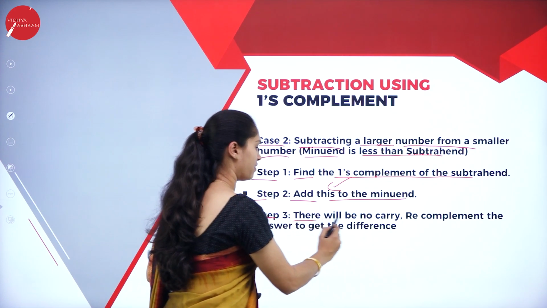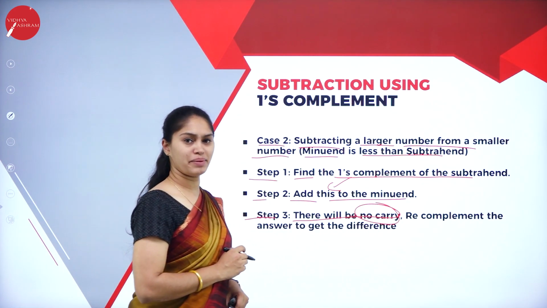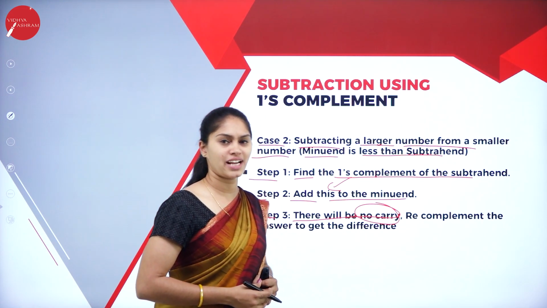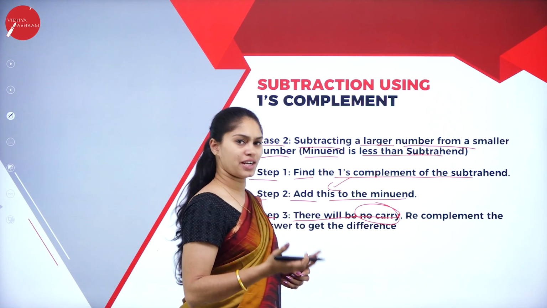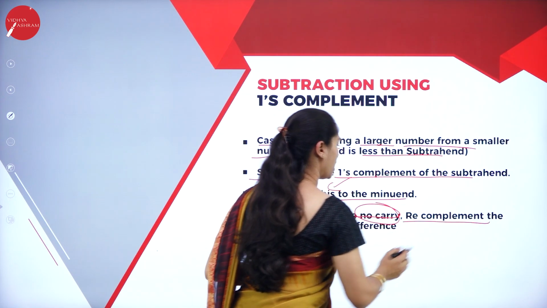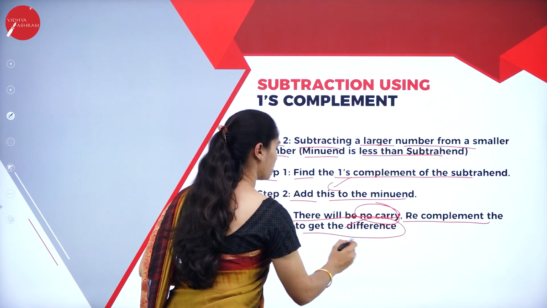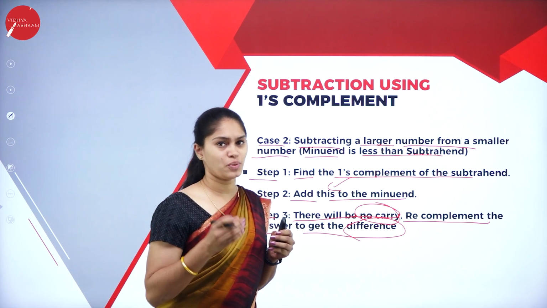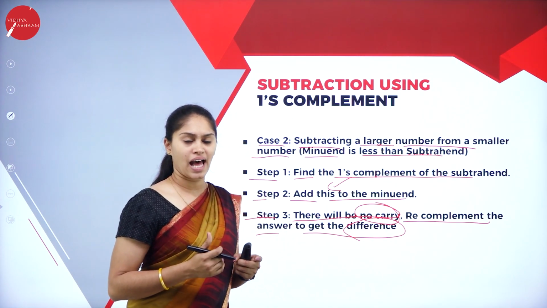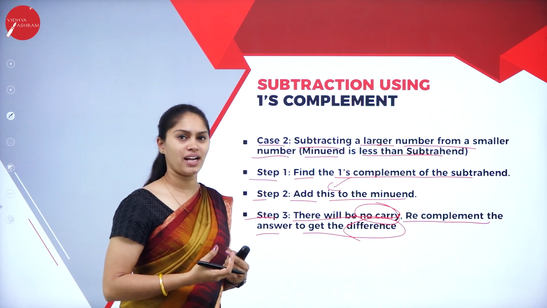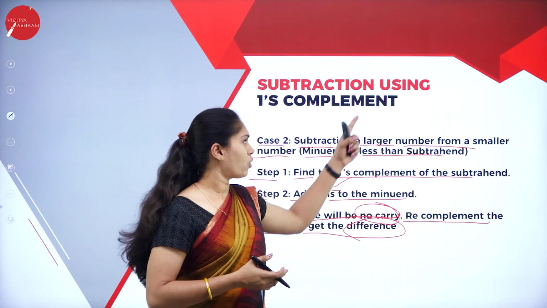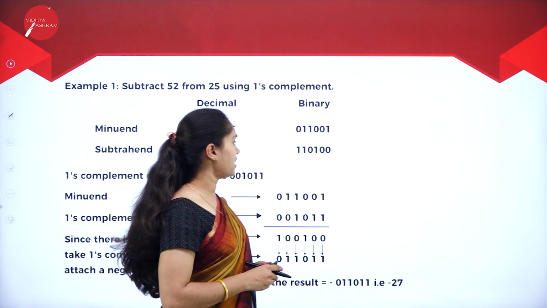In step 3, there will be no carry, because when the minuend is lesser than the subtrahend we won't get a carry. If there is a carry, we add it to the LSB, but here we are not going to get a carry, so we have to recomplement the answer to get the difference. It must be ones complement. Okay, so we'll see the problem.